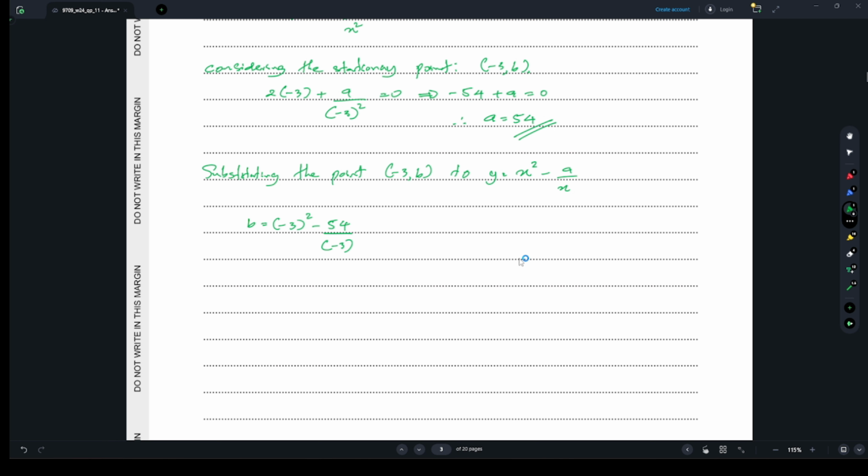Okay, so from this one we can calculate, (-3) squared is 9, and then plus 54 divided by 3 means 18. So the answer is 27. Therefore the value of b is 27. So that question is also done.